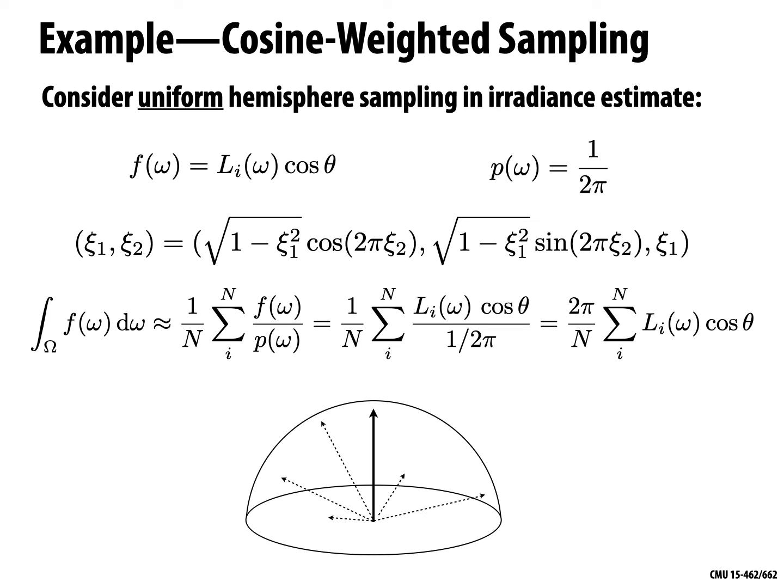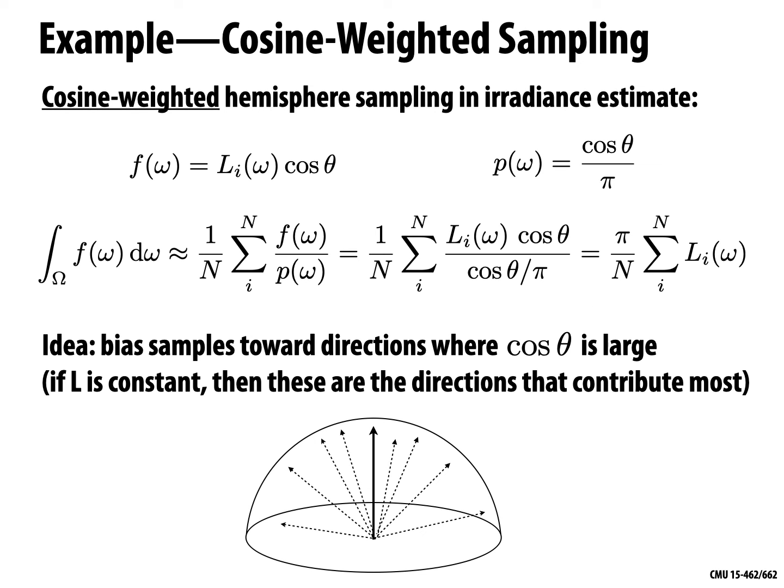So you can really see this final expression is just saying we multiply the area of the hemisphere times the average value of incident radiance weighted by cosine theta. Okay. How do we take advantage of that cosine theta term to get more efficient estimation?